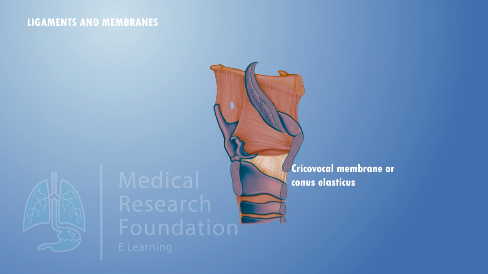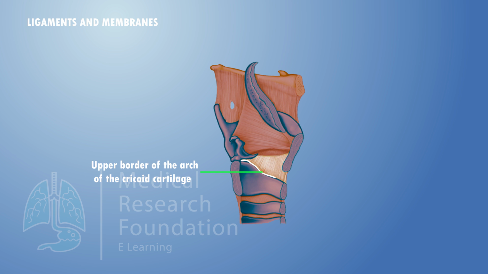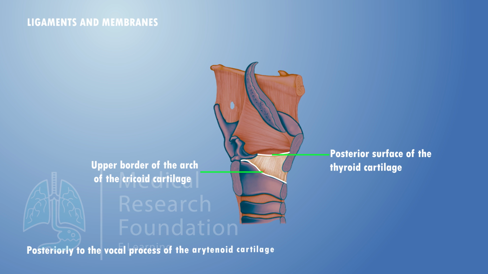Cricovocal membrane extends upwards and medially from the upper border of the arch of the cricoid cartilage. Its upper edge is free and attached anteriorly to the posterior surface of the thyroid cartilage and posteriorly to the vocal process of the arytenoid cartilage.